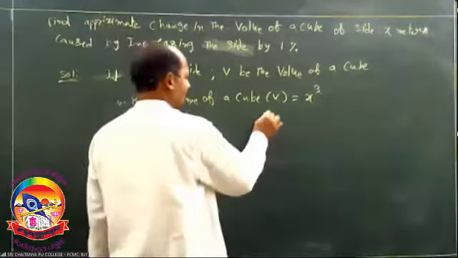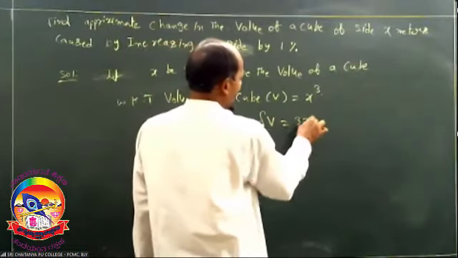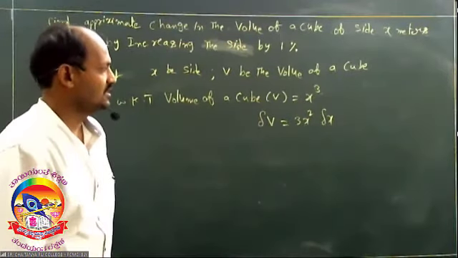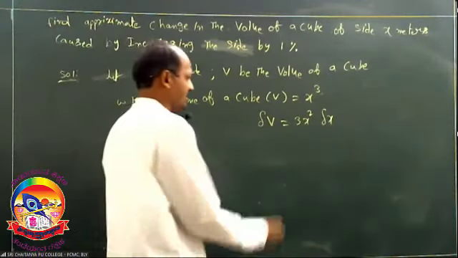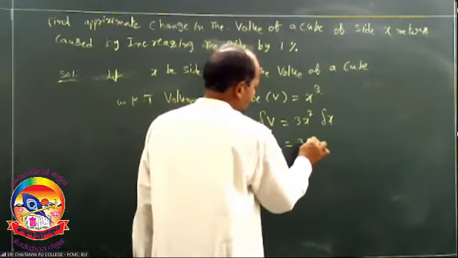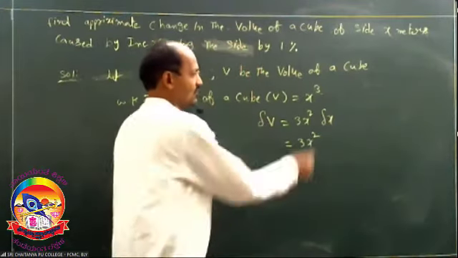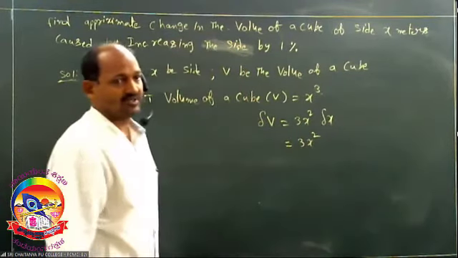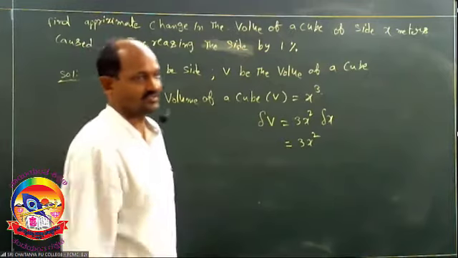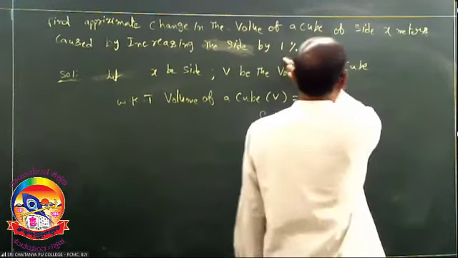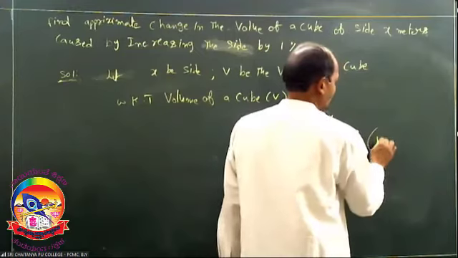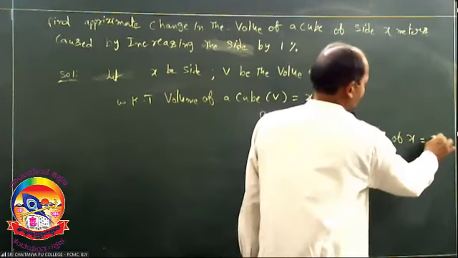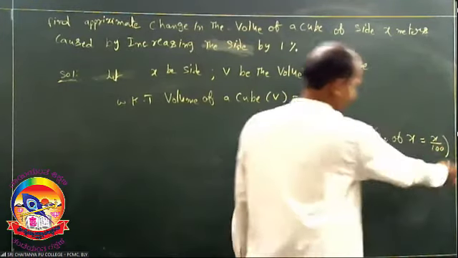What about delta V? It is 3x² into delta x. What about delta x? Delta x means the change in the side. How much does it change? 1% of x, that is x divided by 100.